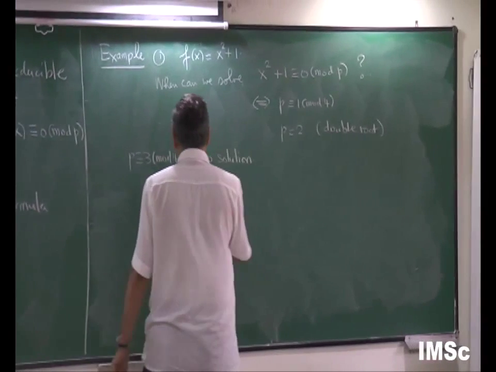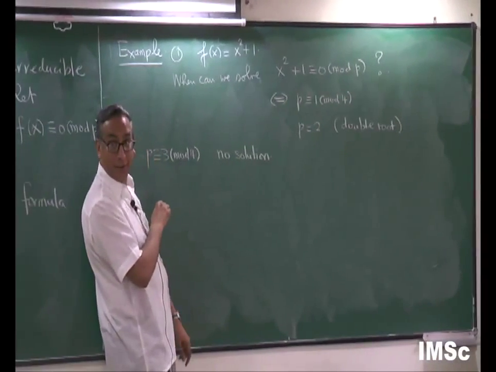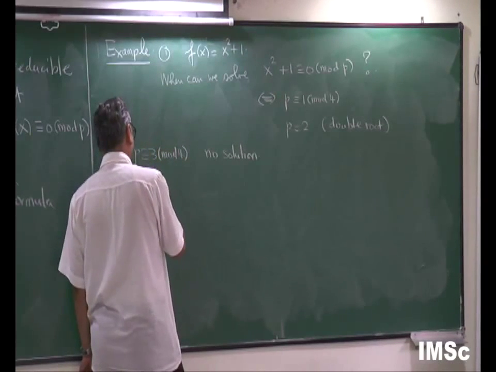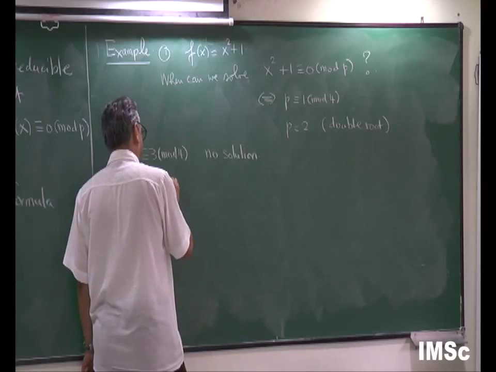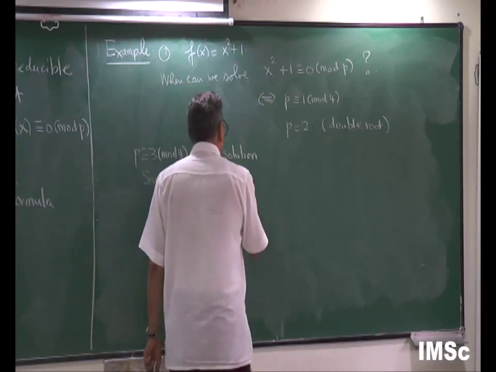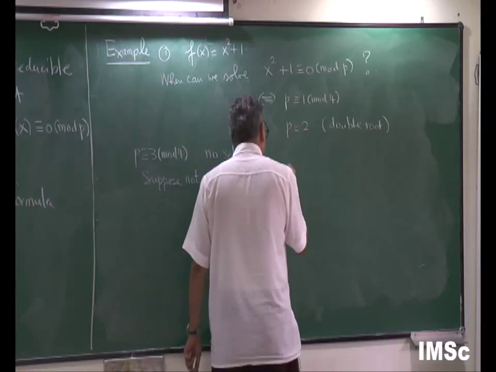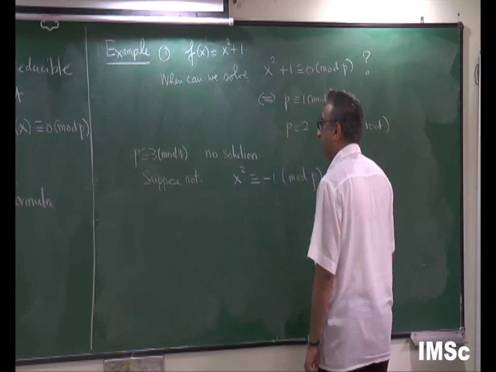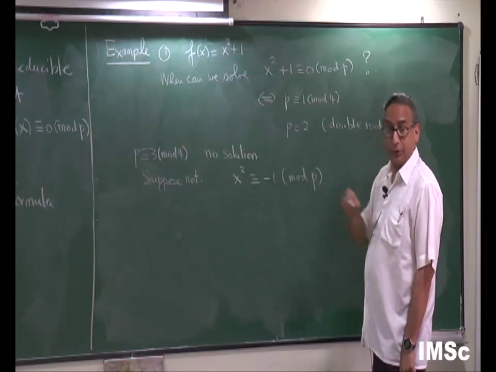So suppose not. It's a good way to begin, right? Suppose not. So we have x squared congruent to minus 1 mod p. We have a solution.